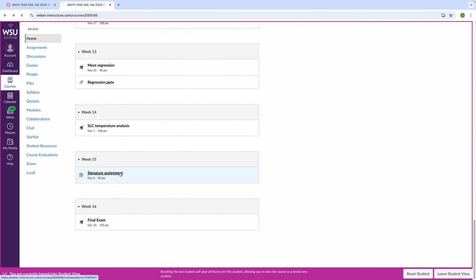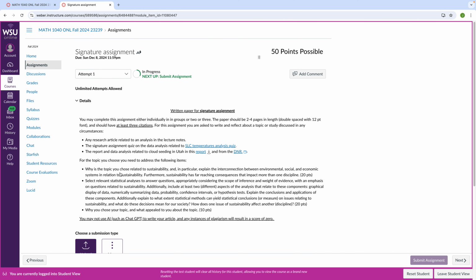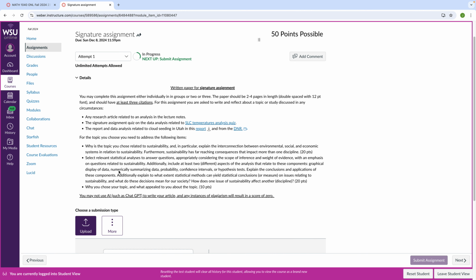For your signature assignment, this is a writing assignment. You need to address the following topics. This is your rubric. This is what you're required to answer. And it's a very broad and open assignment. And I'm going to add a few details or resources that you could write your signature assignment on.